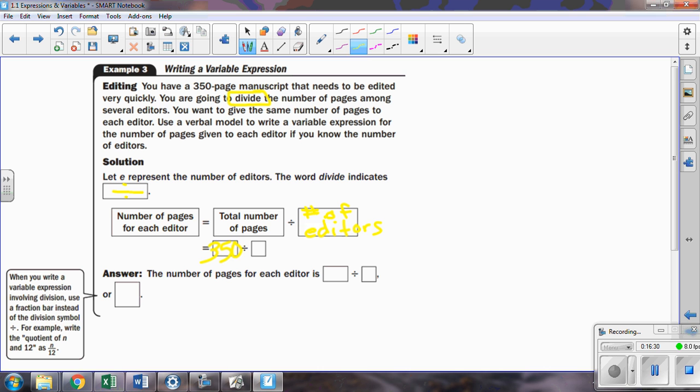Is it 7? How many editors are there? We don't know. They didn't tell us how many editors. They just said several. Well, there's definitely a number of editors, but we don't know how many there are. That's why we use our variable. That's our E, the number of editors. And so we wind up with the number of pages for each editor is 350 divided by E.